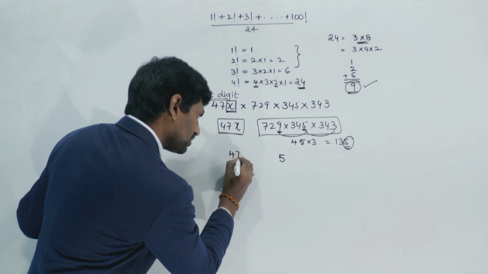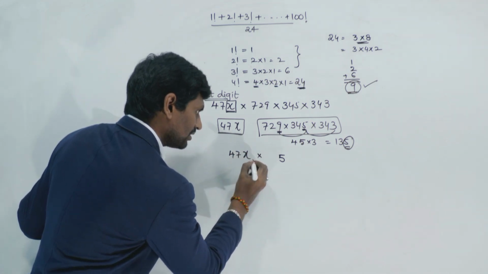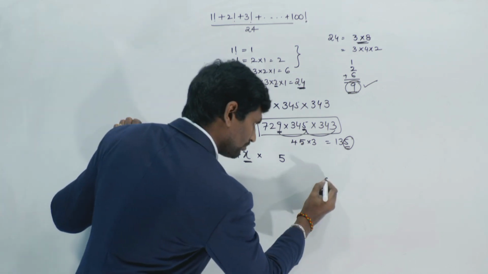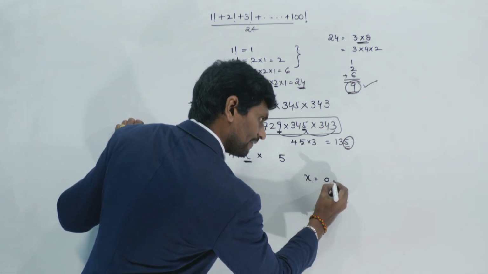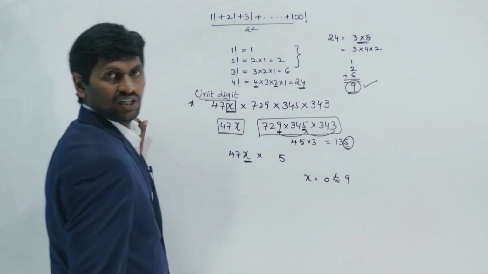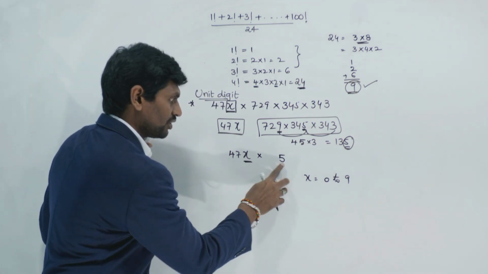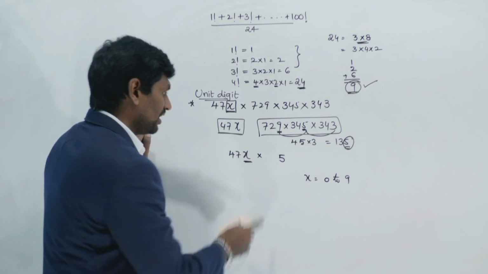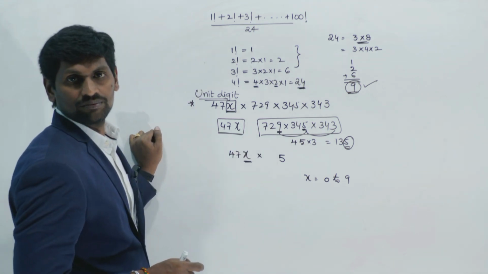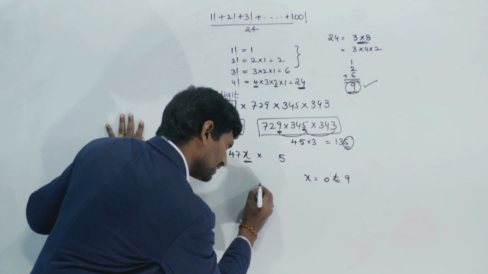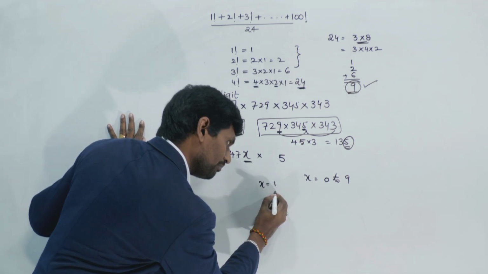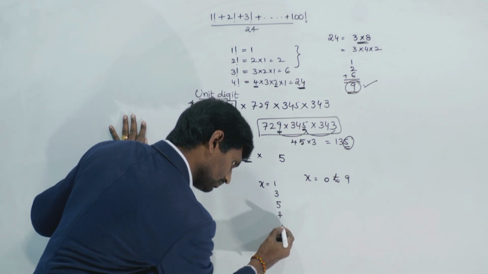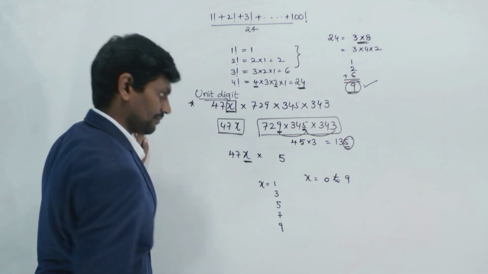Now I need to check with x. So for x we have so many options from 0 to 9. If you take 0 into 5, it is 0 itself, we do not get the unit place digit 5. That means we should take only odd numbers 1, 3, 5, 7, 9.